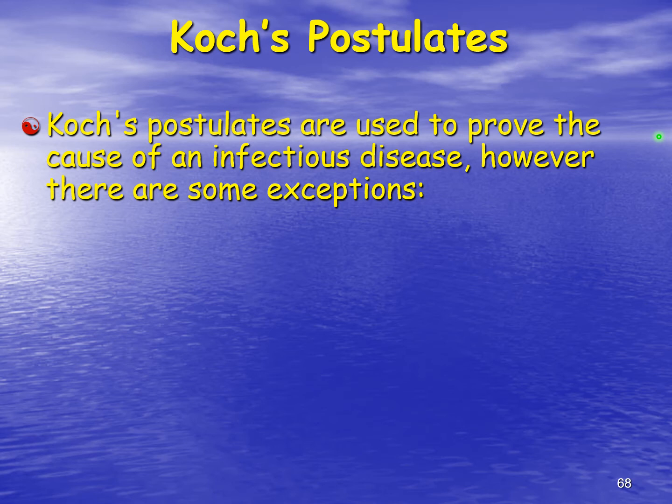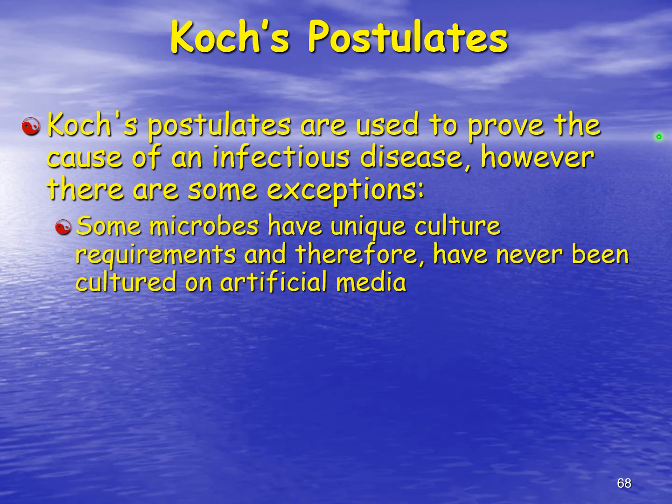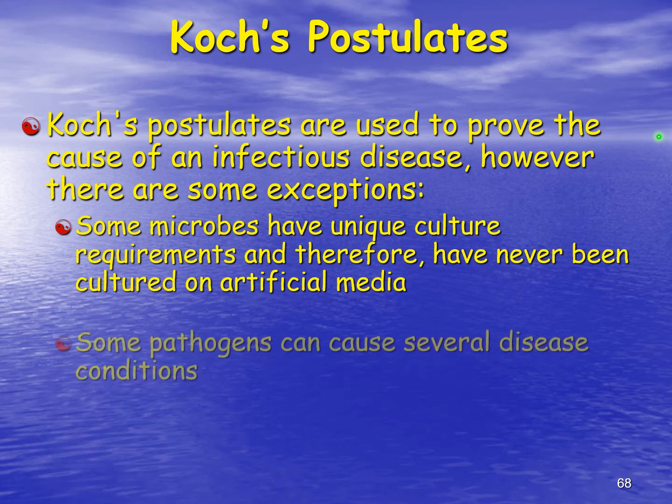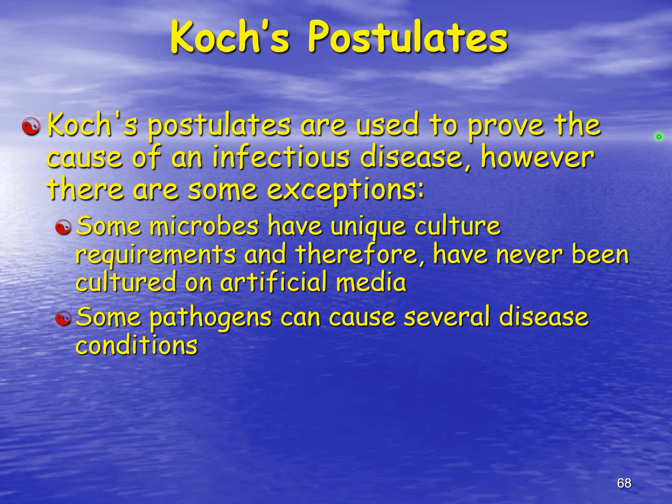However, there are some limitations to Koch's postulates. One, some microbes have very unique culture requirements and therefore have never been grown outside of a living host. They cannot be cultured on an artificial media, therefore we cannot isolate a pure culture. Two, some pathogens can cause several disease conditions, and in fact, the disease that Koch worked with, cutaneous anthrax, the causative agent, Bacillus anthracis, actually can also cause an inhalation form and a GI form of anthrax.